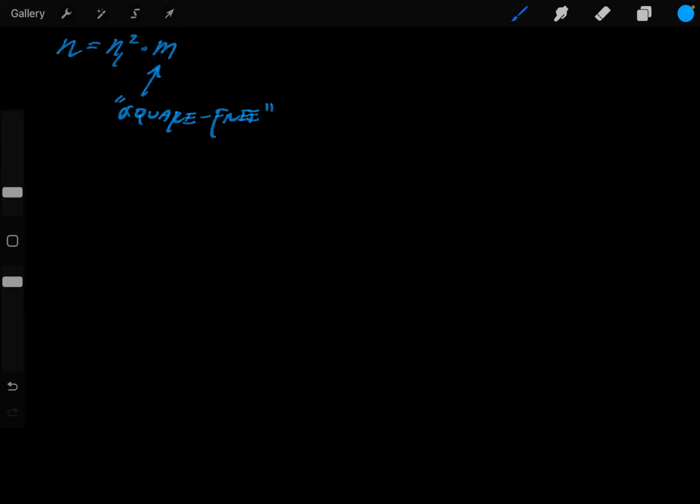So that means m is not divisible by any prime greater than the jth prime. m is always going to be of the form p1^q1 times p2^q2 times p3^q3, dot, dot, dot, all the way down to pj^qj. And each one of these q1, q2, q3, all the way down to qj, can either be 0 or 1.